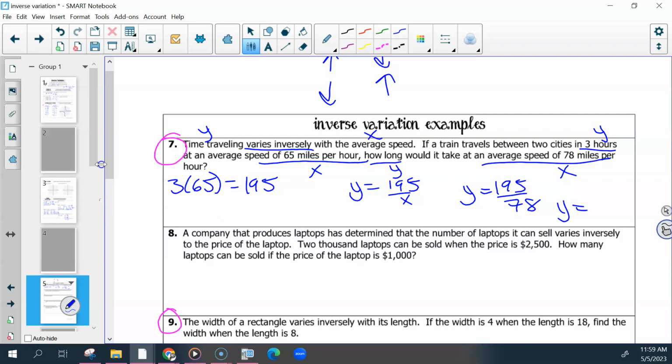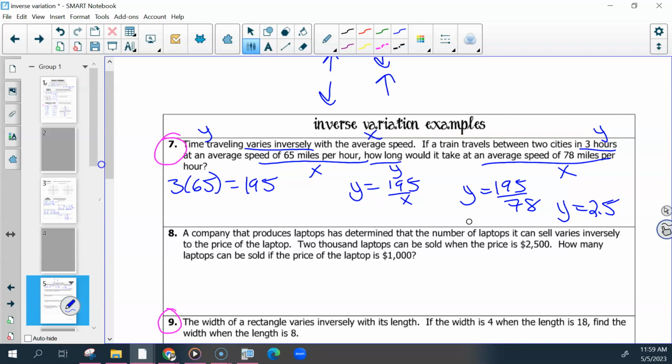What would that be? Put that in your calculator, divide it. 2.5, what? was the x.